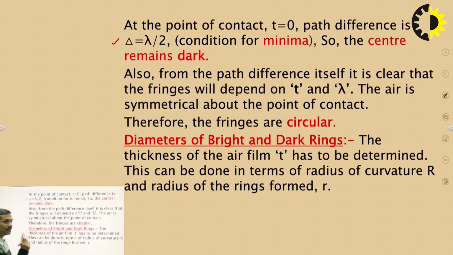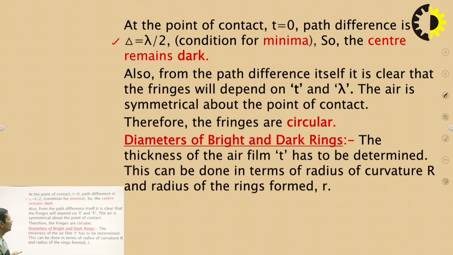At that circle, if there is a condition of destructive or constructive interference, we will have a dark ring or a bright ring. That's why the pattern is seen in the form of rings.